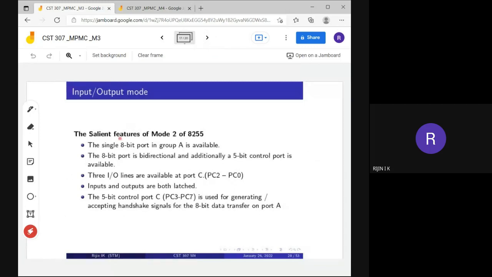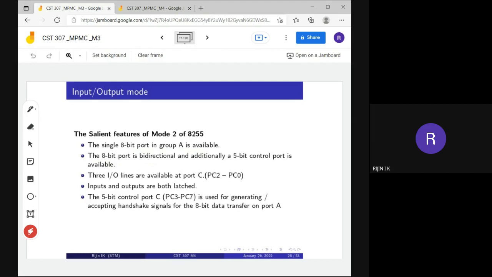Next, we can discuss the features of mode 2 in the 8255 IC. It is a single 8-bit port, as I said, for group A, port A. A single 8-bit port in group A is available, and the 8-bit port is bidirectional in nature.